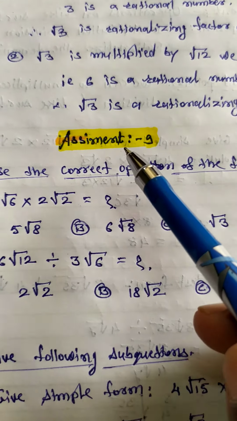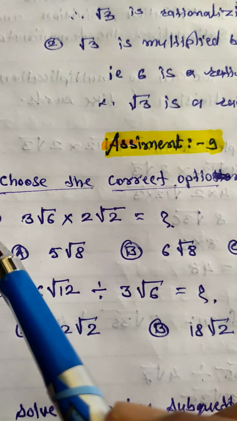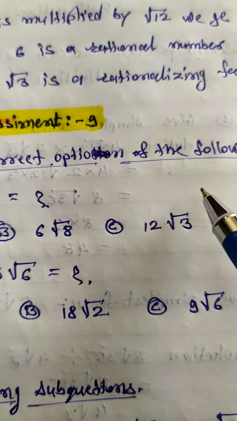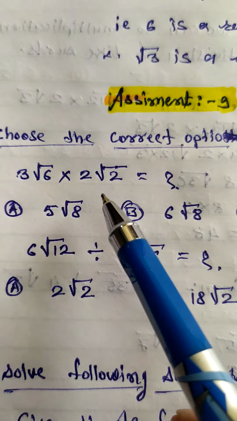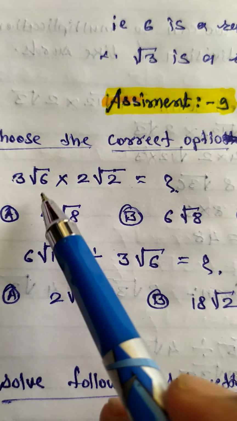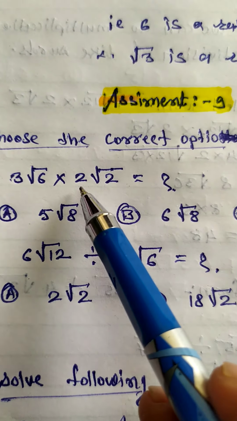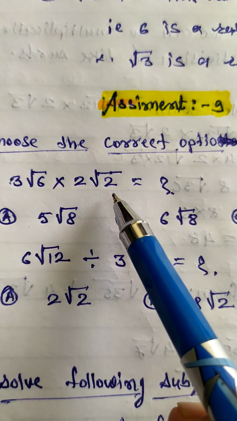Now we should solve this assignment, that is day 9. Question number 1: choose the correct option of the following. Number 1 is 3 root 6 into 2 root 2. In this case these are like surds, so we have to multiply 3 into 2 and in root 6 into 2, that is 12.